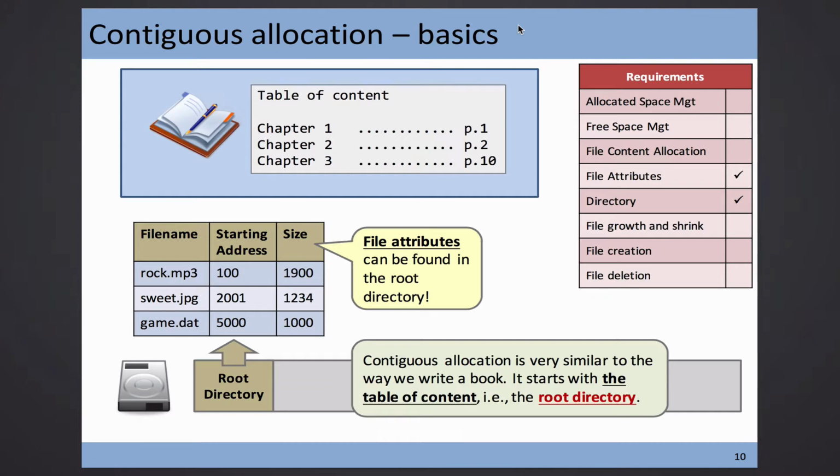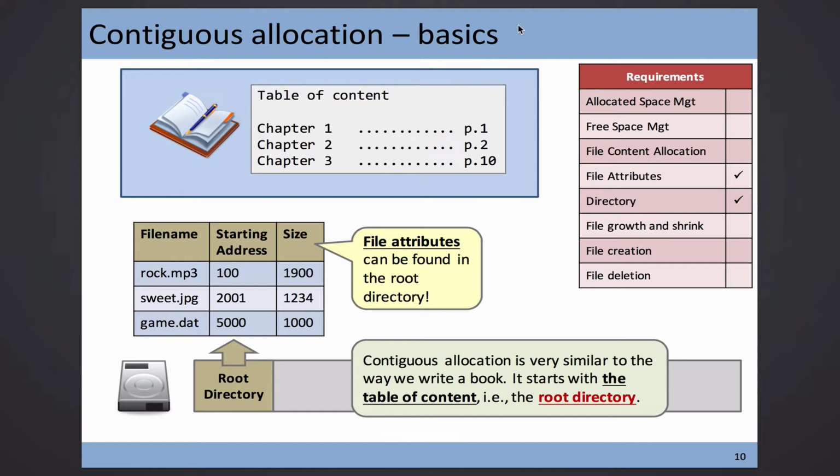With the content itself alone, a book doesn't make sense. We need a table of contents. What is a table of contents? It's an index that tells you how many chapters we have. Mapped back to our file system, it means how many files we have. Now think about it: how do you know how big a chapter in a book is?